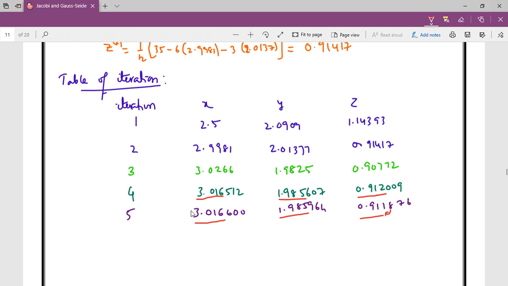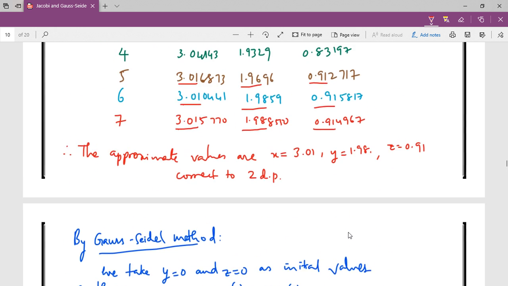So therefore we say that the root has been converged and the approximate values are, x is equal to 3.016 and y is equal to 1.985 and z is equal to 0.912.